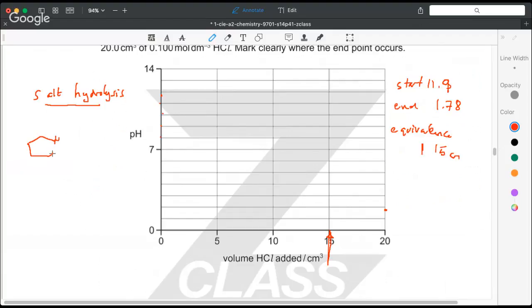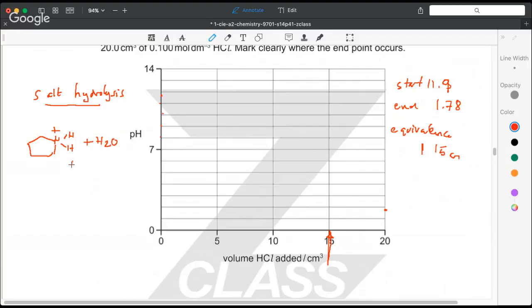You've got that. Yeah, my bad drawing again. You've got the piperidine, and it's got 2 hydrogen atoms there and the nitrogen atom there. And the point is that with salt hydrolysis, you've made a salt there, and hydrolysis is breaking things up with water.